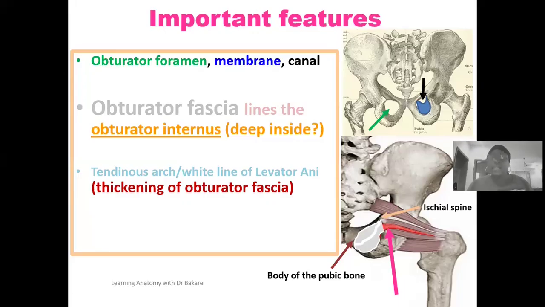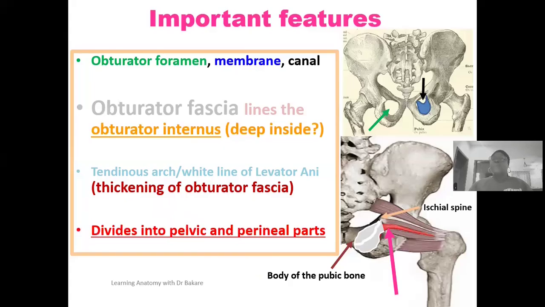This is a thickening of the obturator fascia, and it creates the attachment point for the levator ani muscle. So finally, this tendinous arc, referred to as the white line of the levator ani muscle, because it creates connection points for the levator ani muscle, further subdivides the obturator internus into the pelvic part and also the perineal part.